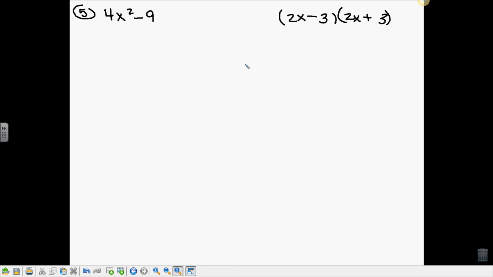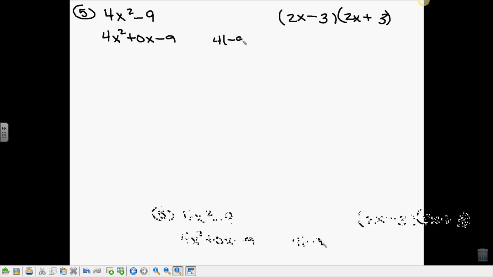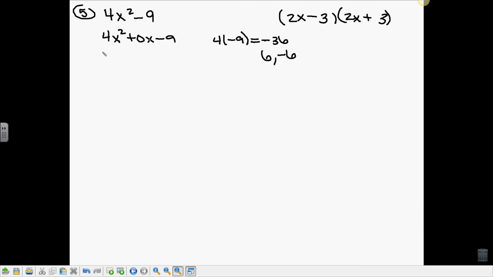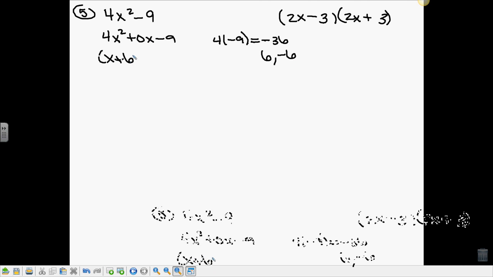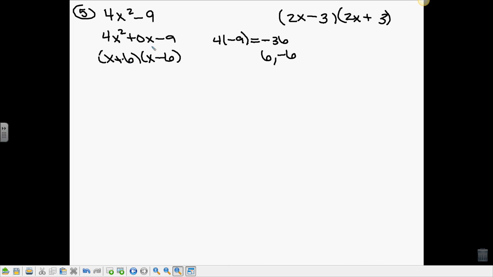But I'll show you bottoms up just in case you forget that. So this is really 4x squared plus 0x minus 9. So you want to take 4 times negative 9, which is negative 36. What multiplies to negative 36 but adds to 0? Well, 6 and negative 6, right? So you would write for now x plus 6, x minus 6.